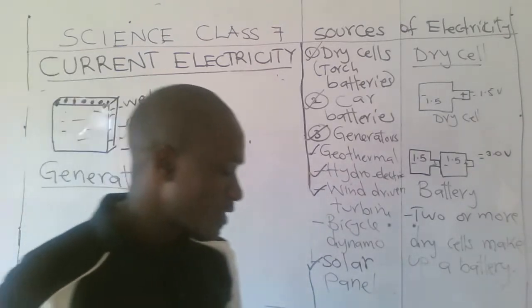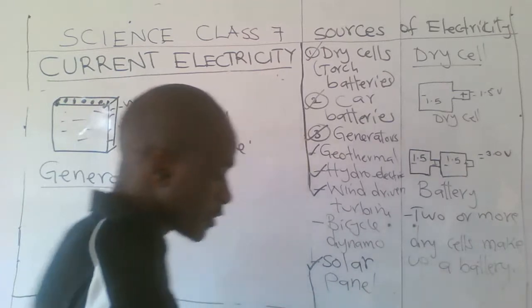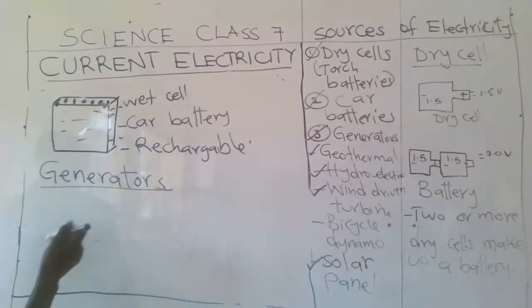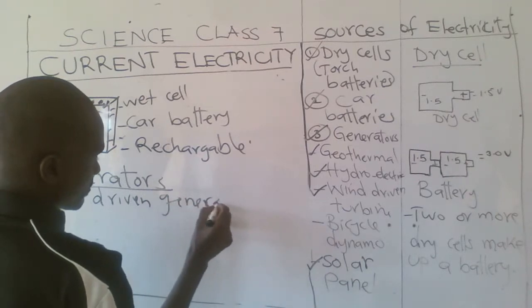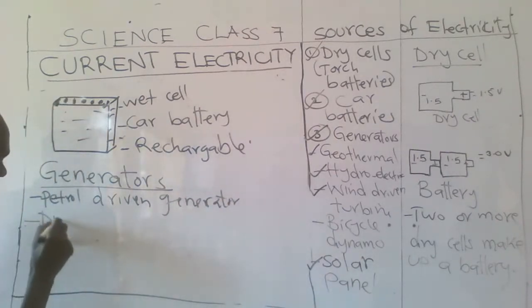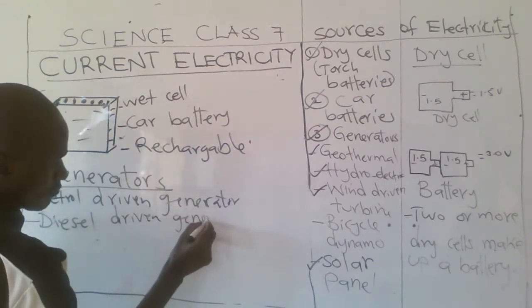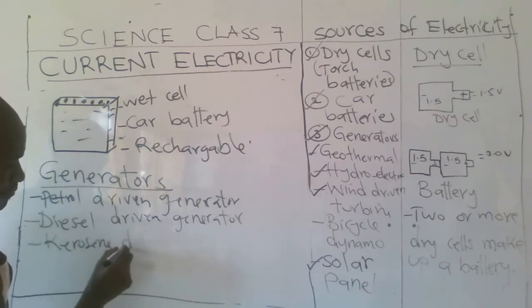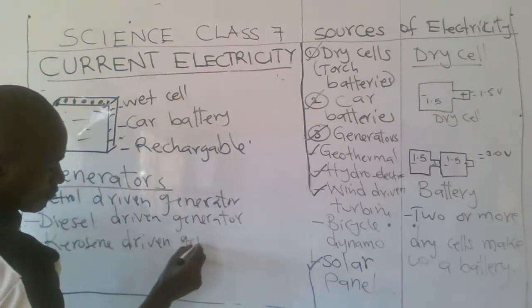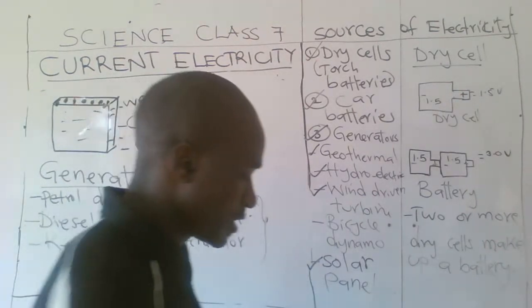For the generators, we are going to start with the common ones which you know: petrol-driven generator, diesel-driven generator, kerosene-driven generator. These are the common ones.